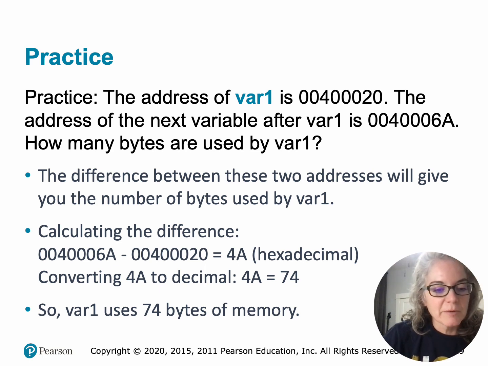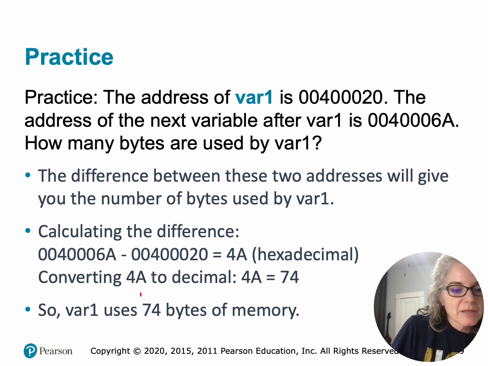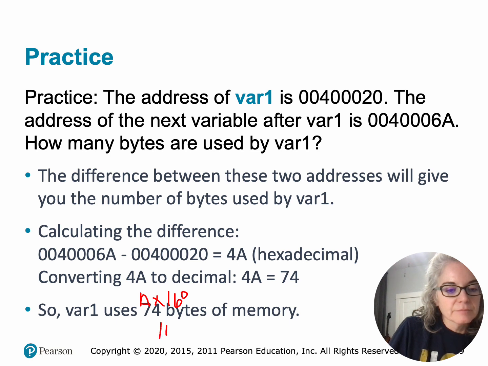Okay, let me just do this with a pen, because you're probably wondering what I'm doing. So this would be a times 16 to the power of 0, so it's 1 times a. 16 to the power of 0 is 1. 1 times a is just a, which is 10, because a is 10.